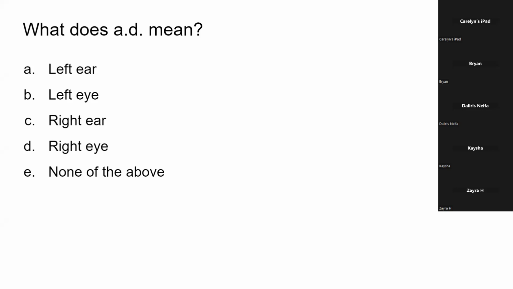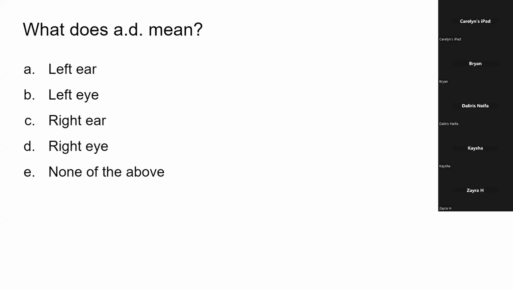So O is eye, U is both, and D, if you speak Spanish, is right, and S is left. S is left for sinister, right? That's the Latin for it, sinister or sinistra, because left-handed people used to be seen as of the devil or whatever it was, right?